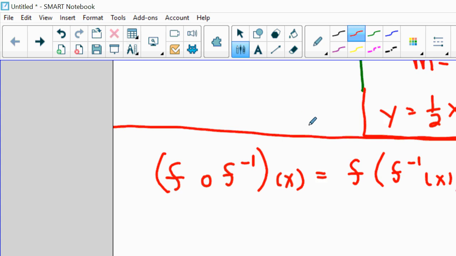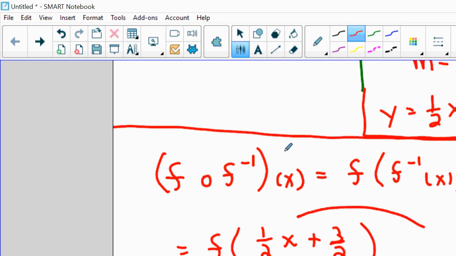That's composition. Now, maybe you know this, maybe you don't, but we will attempt this. So if we have our f, and we take our inverse from above, then we got to slap this into f of x. I'm going to write down f of x right here.